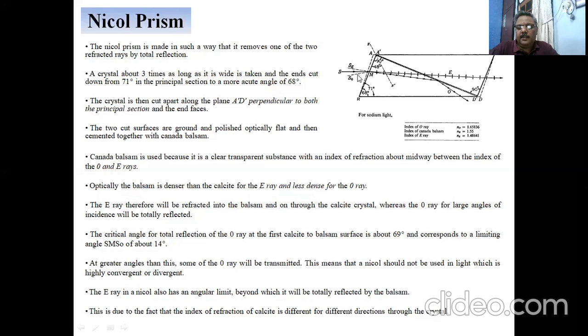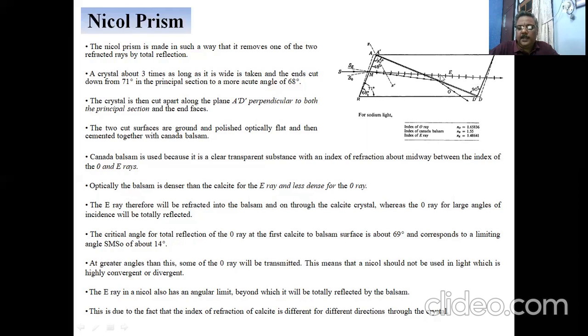So after pasting, what we observe is that if unpolarized light is incident on the crystal, it is broken into two. One is the ordinary ray and the other is the extraordinary ray. The ordinary ray, having the higher refractive index, is reflected by this layer, while the extraordinary ray, having a lower refractive index, passes through this layer and then through the second part of the crystal and goes through it.